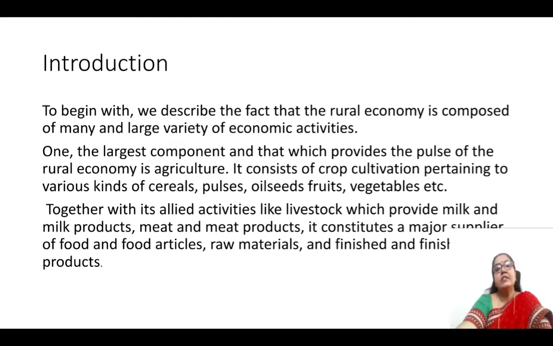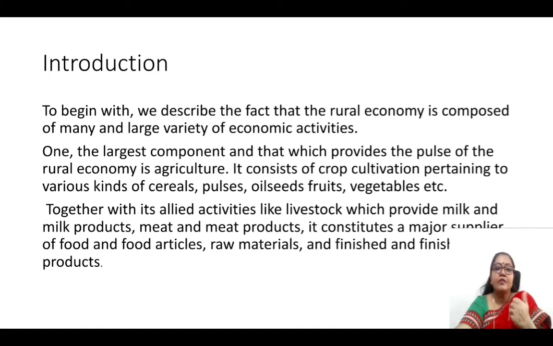To begin with, the rural economy is composed of a large variety of economic activities. One of the largest components, which provides the pulse of the rural economy, is agriculture.